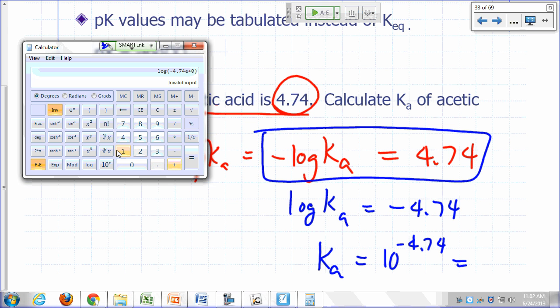That's not what I want. I just want 10 to the x, so clear. 4.74 negative, inverse log is 10 to the x.